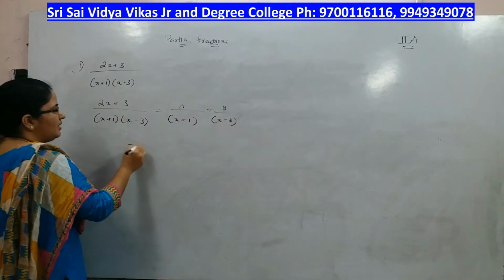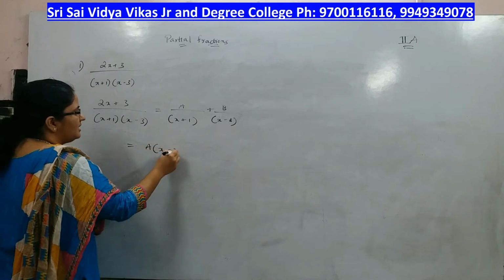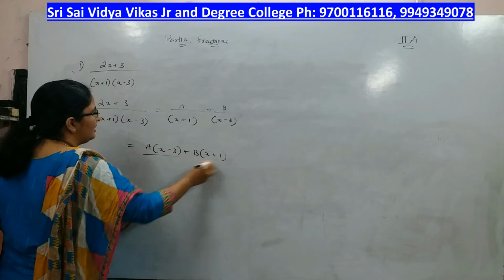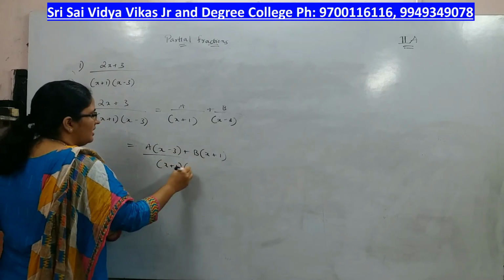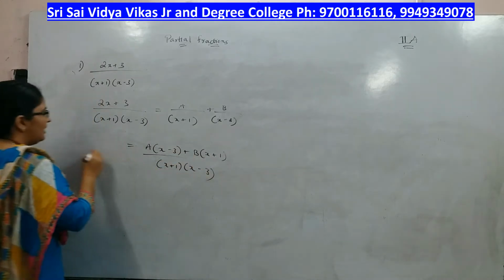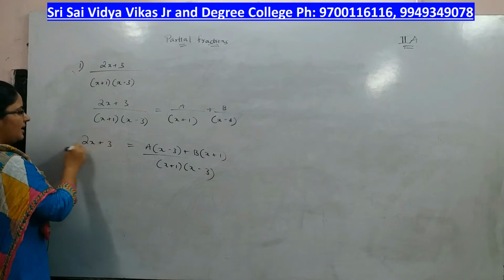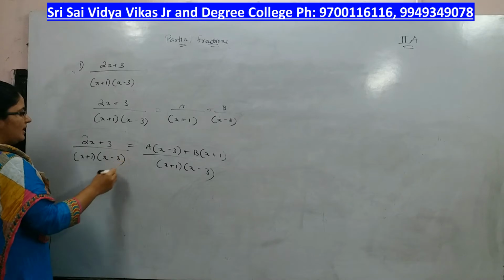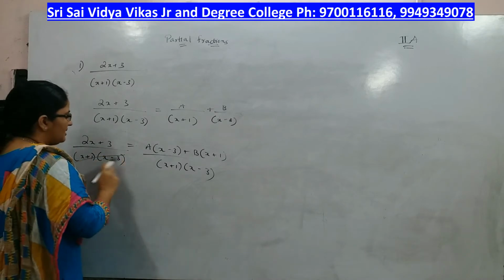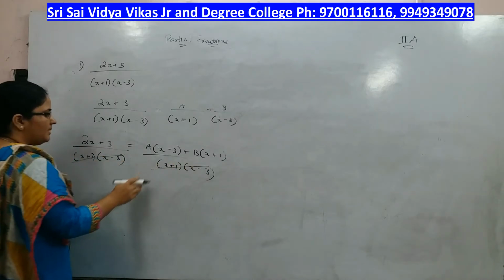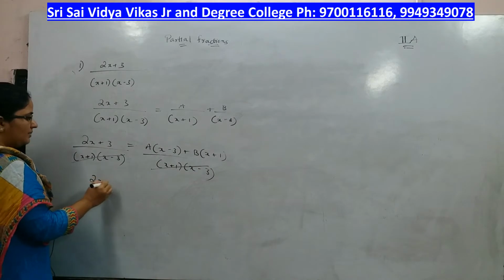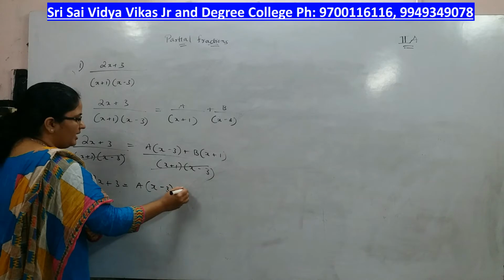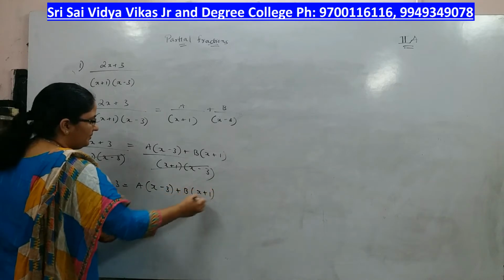Now, that is equal to (A(x - 3) + B(x + 1)) / ((x + 1)(x - 3)), and here you get (2x + 3) / ((x + 1)(x - 3)). The denominators (x + 1)(x - 3) cancel. You have 2x + 3 = A(x - 3) + B(x + 1).